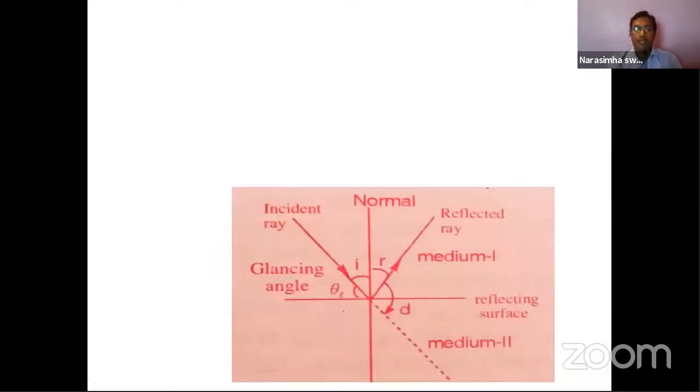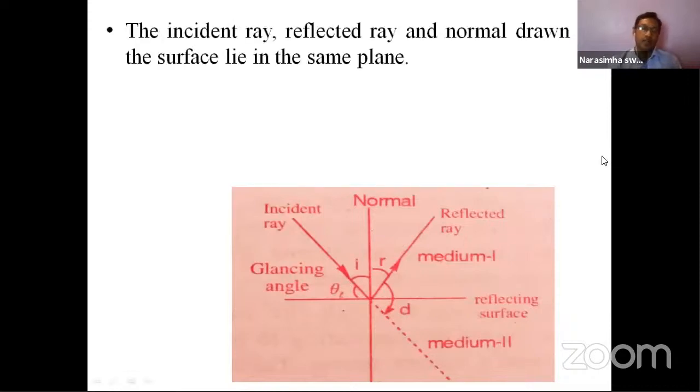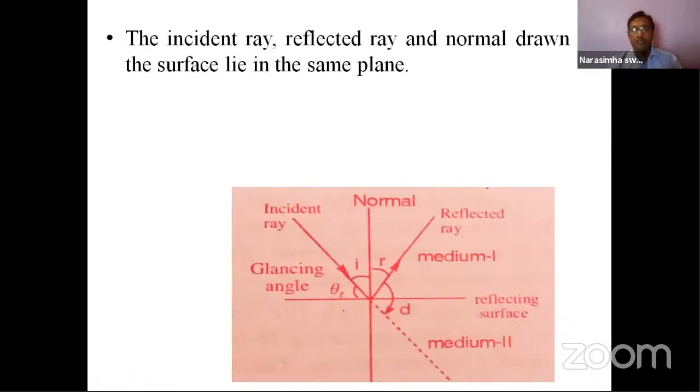And here we'll see how things happen when the light ray is incident on the surface or interface. See here, the incident ray, reflected ray, and the normal drawn to the surface lie on the same plane. This is a very, very important law of reflection, so observe this.